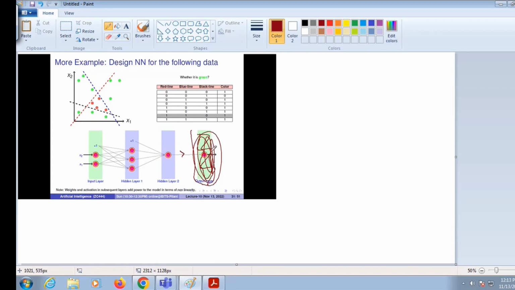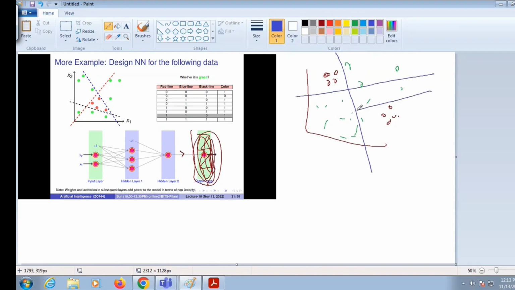However, I have placed it to show you a general setting. Let's assume that these are the red points and all other points are green. How would you do it now? You can draw a line like this, like this, like this.